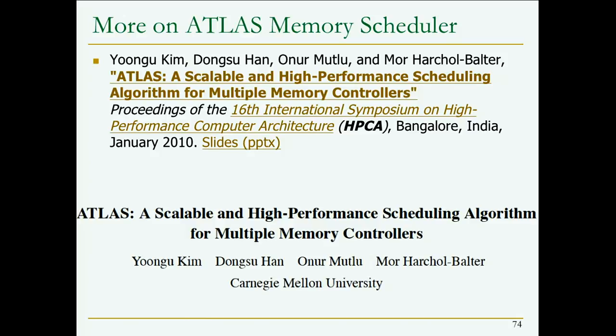That's essentially the attained service, how much service you've attained from the network while transferring this file. If you've attained a lot of service, you're going to need a lot more in the future. And if you want to optimize for performance, prioritize the things that have not attained a lot of service because they're likely to be the smaller things.